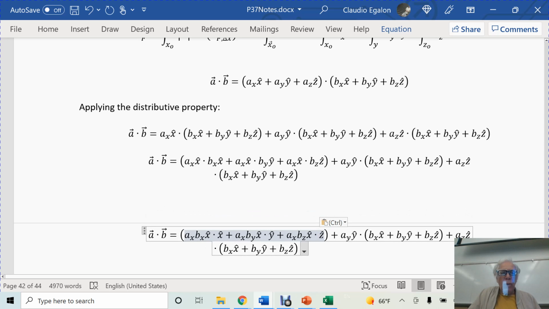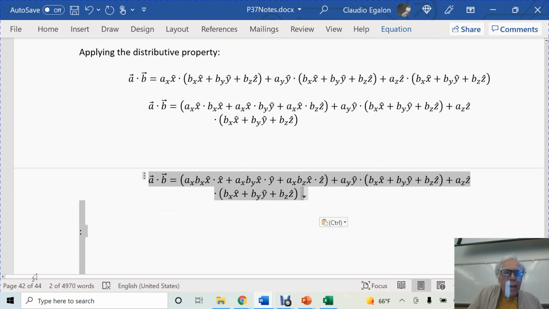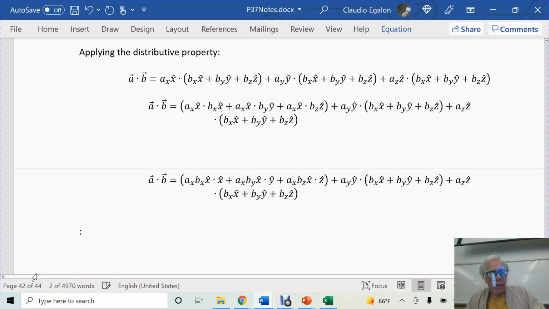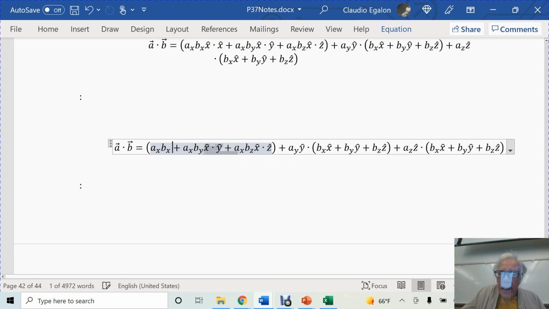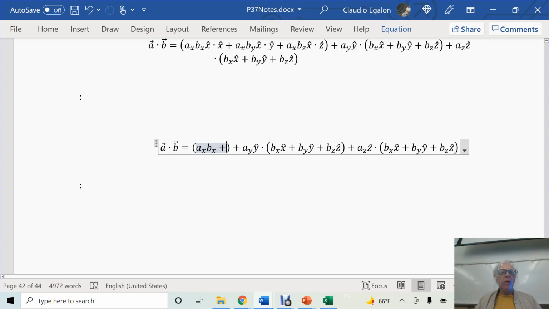So what do we have? Next line. This becomes 1 times ax bx. This becomes 0 because they are perpendicular. And the same thing happens to the other terms, right?